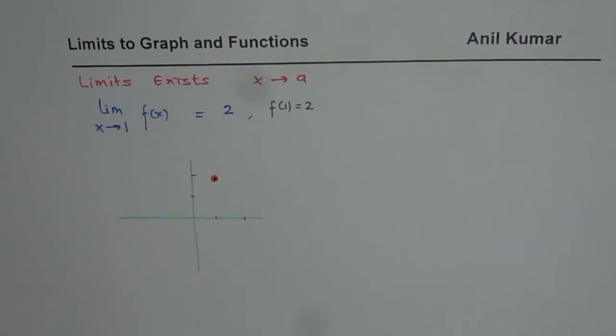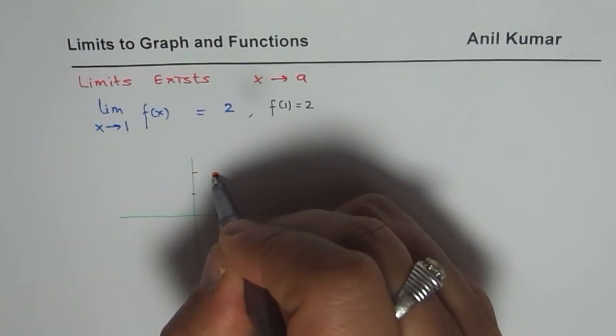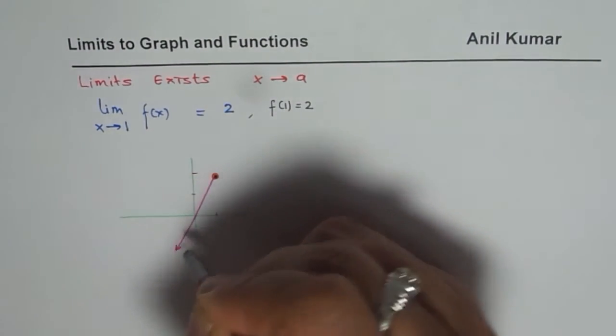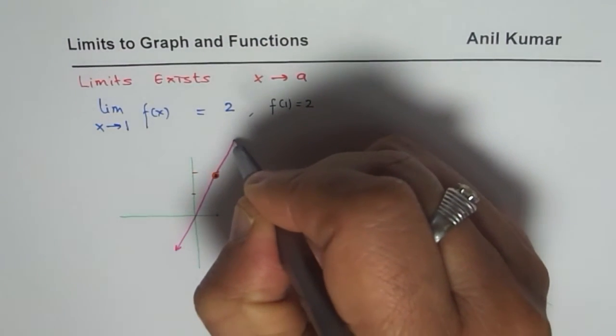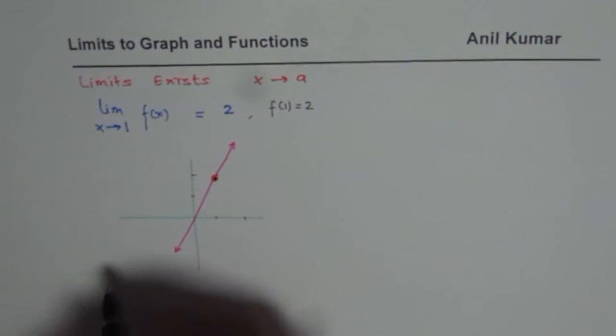Now the best function to draw here is a straight line. I'll always prefer you to sketch a straight line, which could be horizontal or could go through the origin. Going through the origin is a good option. So we have a straight line going through this point. That is the graph of the function. Once you draw the graph, we can write down the equation.